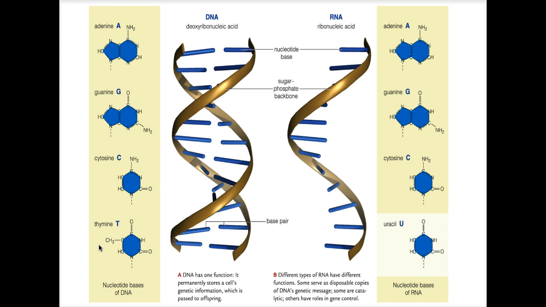Notice that the nitrogenous bases are either 2 rings, such as we see here with adenine and guanine. 2-ringed nitrogenous bases are called purines, or they are single-ringed, and single-ringed nitrogenous bases are called pyrimidines.